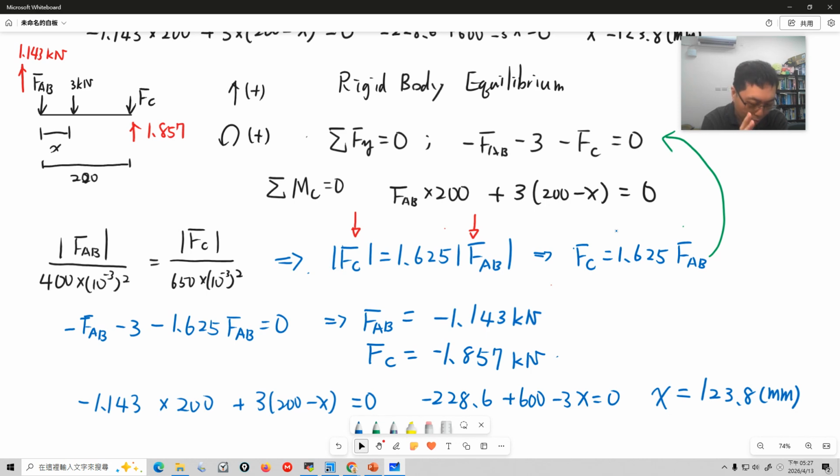No matter what, once you assume a direction, just follow your sign convention and do the calculation step by step. Finally you will still get the right direction of the force, even if initially you didn't assume the right direction at the beginning.